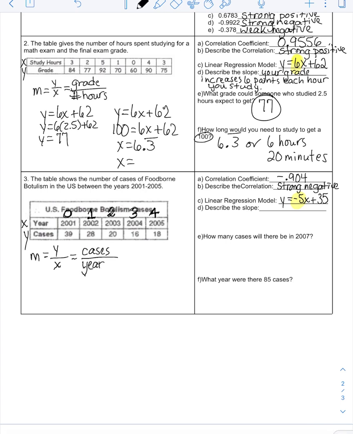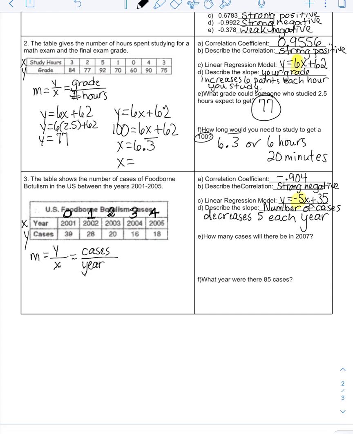So what does the slope mean? -5 means it goes down. So the number of cases decreases 5 each, what's on the bottom? Year. Rise over run. Decreases 5 cases each year.